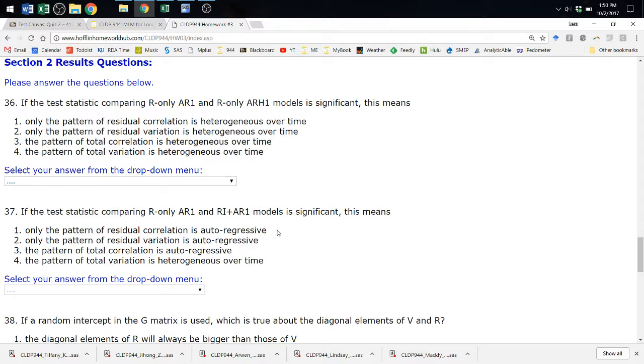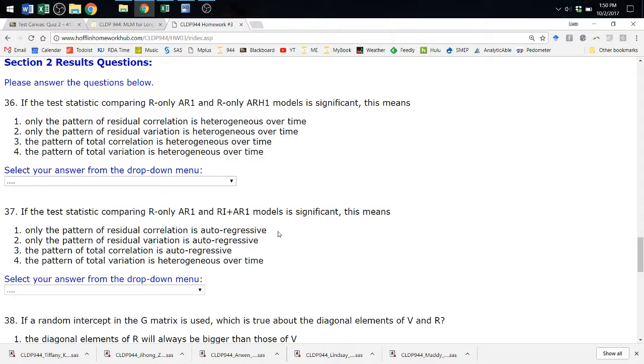Whereas if I have a random intercept in G plus an AR correlation in R, then the total is a mixture of the two. The total correlation that shows up in V is partly because of my random intercept, that's the constant part, and then there's an extra part because of the residual correlation that's induced by the autoregressive. That's about all I can say without giving the answers away completely.